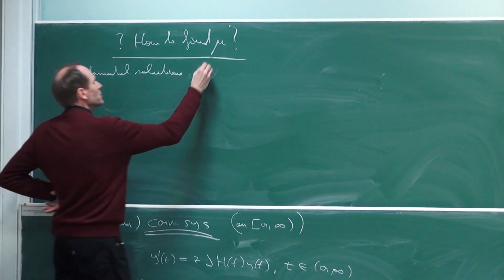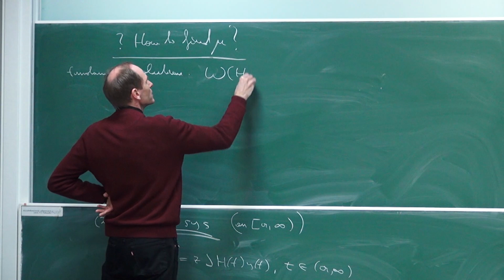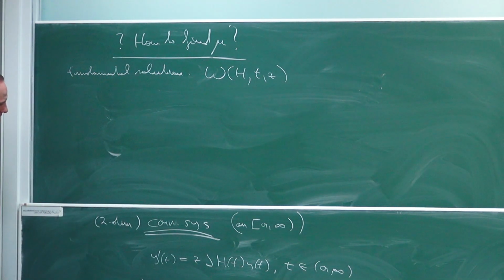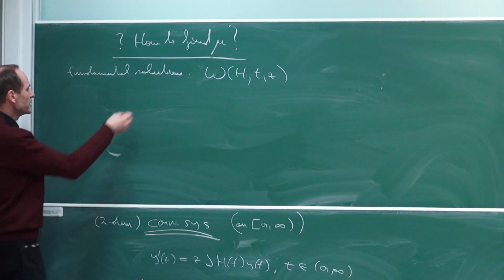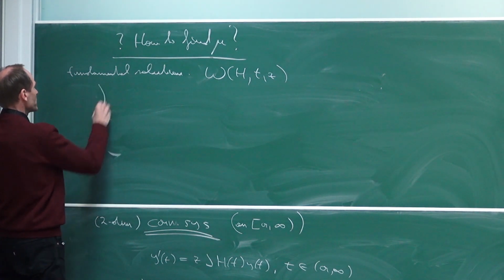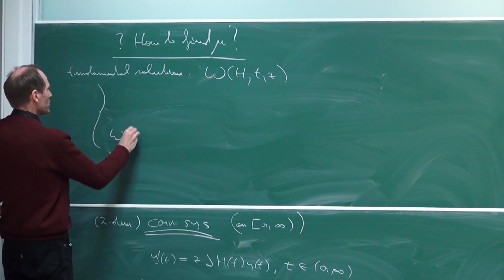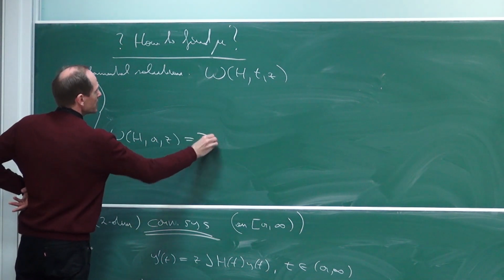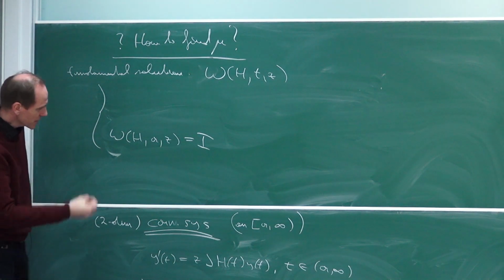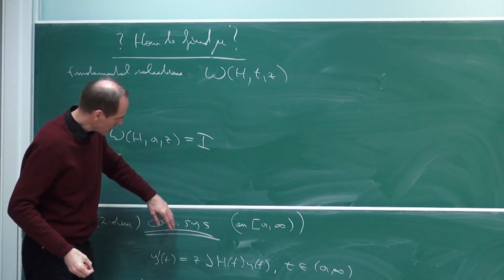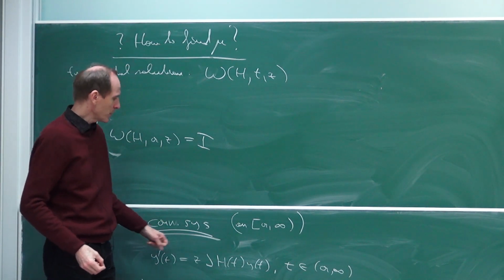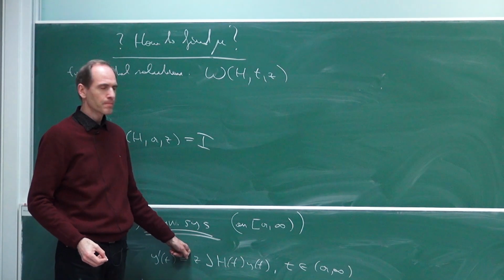Let me call it W. So if you are given a Hamiltonian H, what is that? It satisfies that W of H at the initial point should be the identity matrix, and then it should satisfy the equation. I should say here it is very practical in many respects to pass to the transpose.